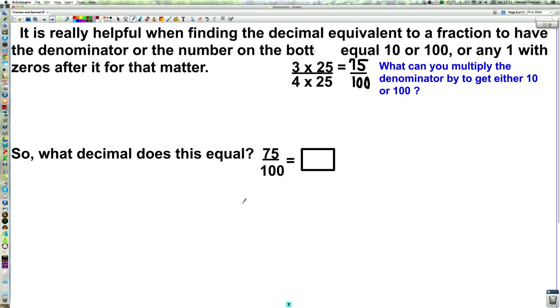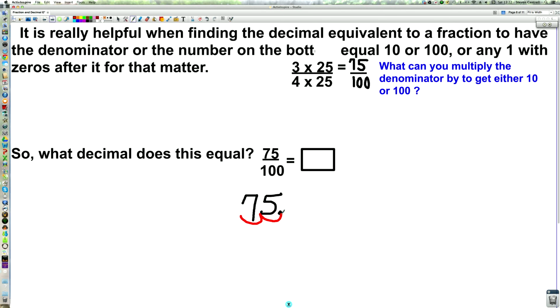Well, remember, if I have the number 75 like this right here, normally I have a decimal right here, correct? But since this one is over 100, this hundredth right here has 2 zeros.